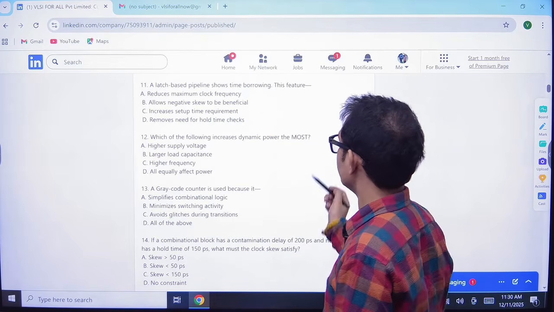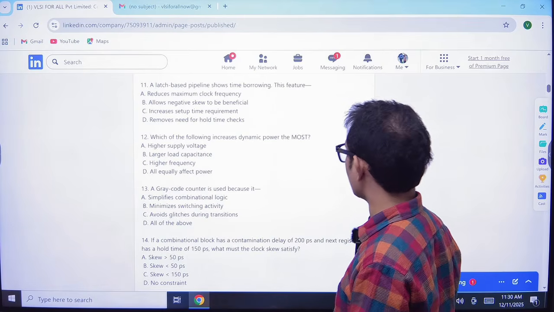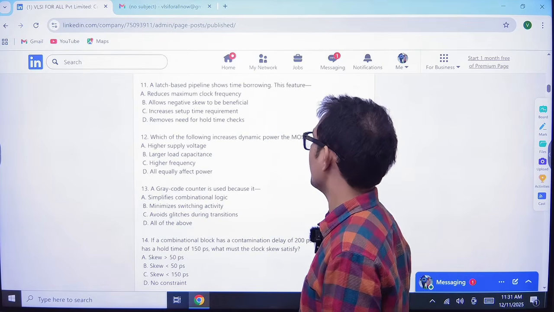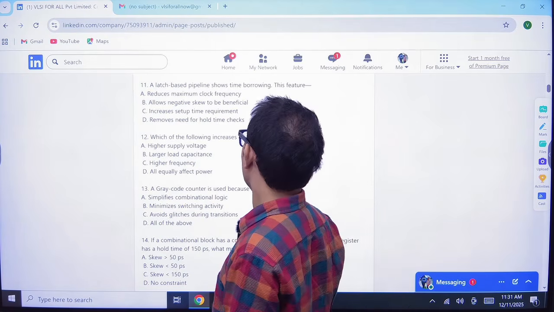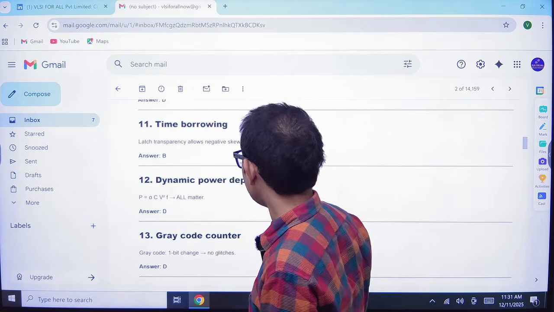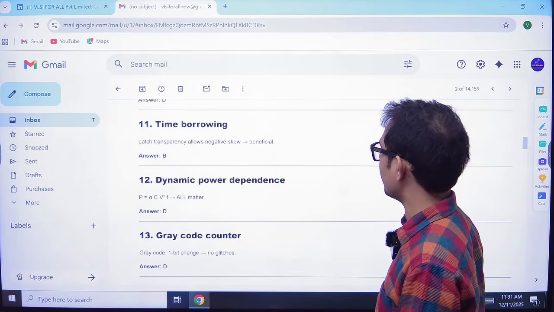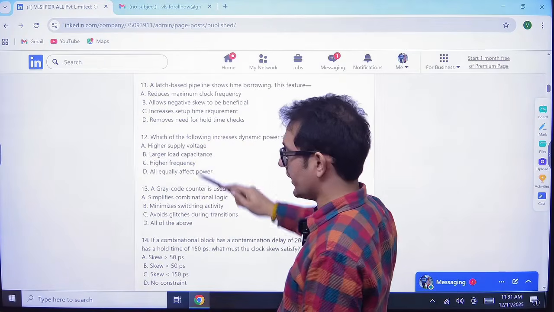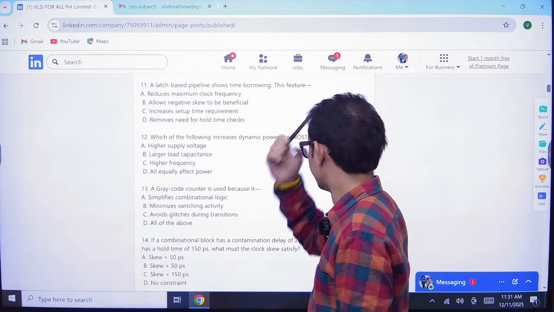The features: reducing maximum clock frequency, allowing negative skew to be beneficial, increasing setup time requirements, or removing the need for hold time checks. So the correct answer is B. Latch transparency allows negative skew to be beneficial. So the correct answer is B here.